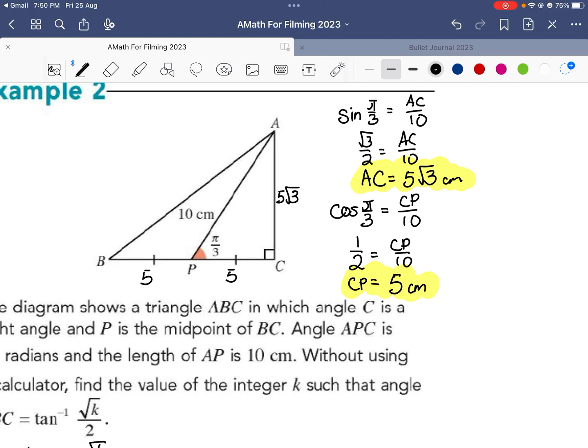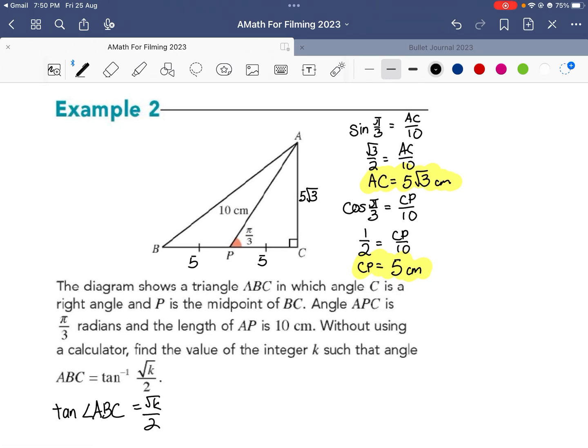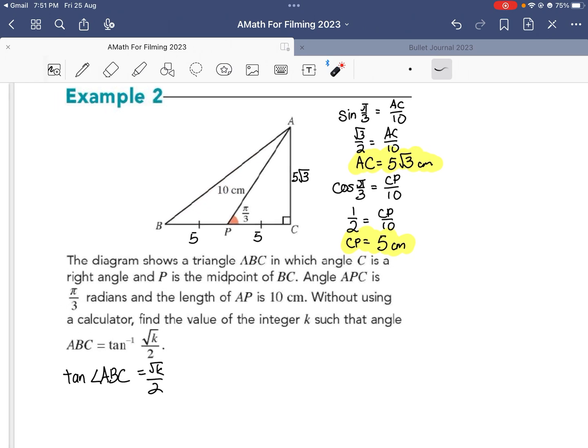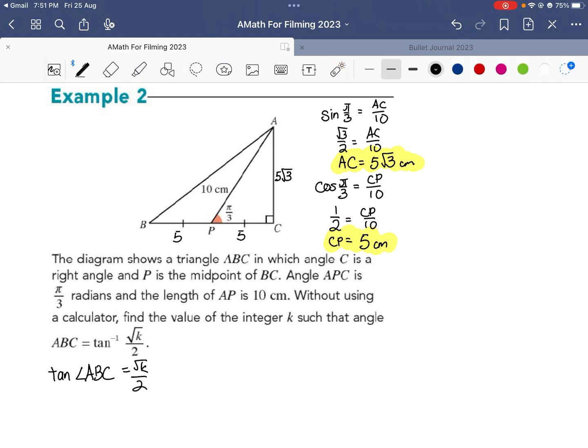Basically, what I will actually need to find now is the value of tangent ABC. Don't get an itchy finger. Do I need this hypotenuse AB? I don't need it, because tangent of ABC is opposite over adjacent. So don't go and use Pythagoras' theorem to find AB. Don't do needless things. I have enough information to complete my question.